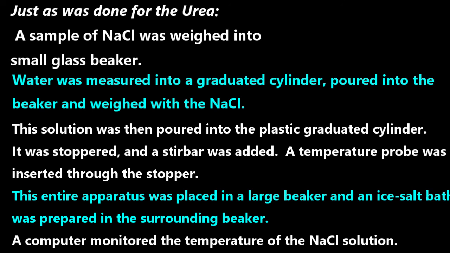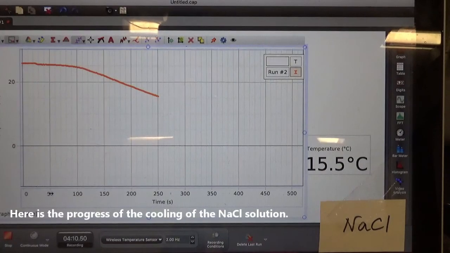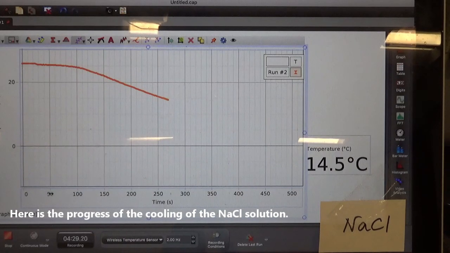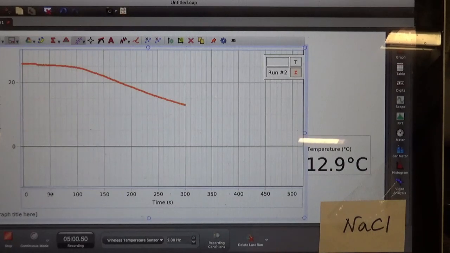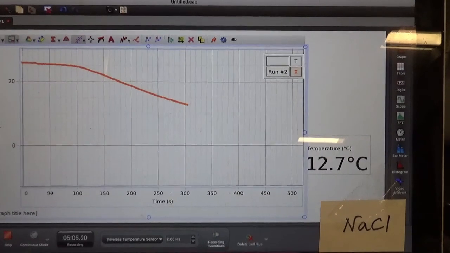And what's shown next is the progress of this experiment. It started at room temperature, approximately 24 or so degrees C, and now it's gone down considerably where we pick up the video. .1 and dropping. 12.9 keeps going down.